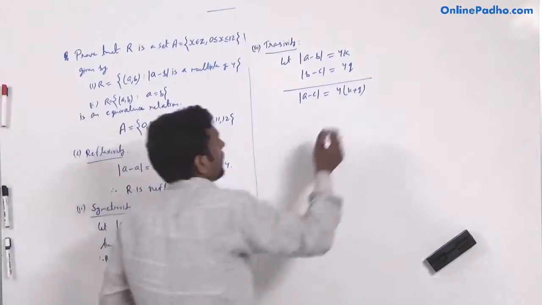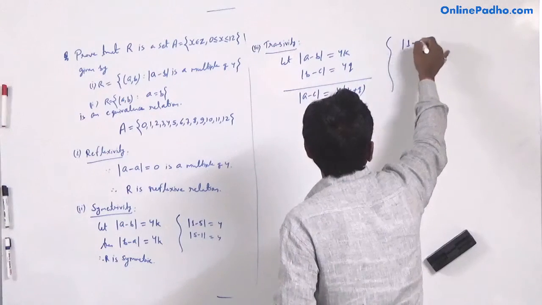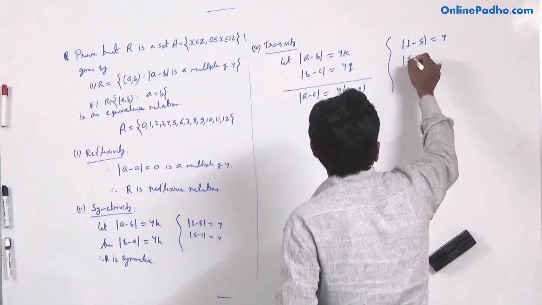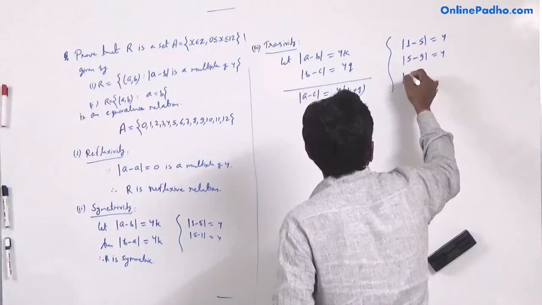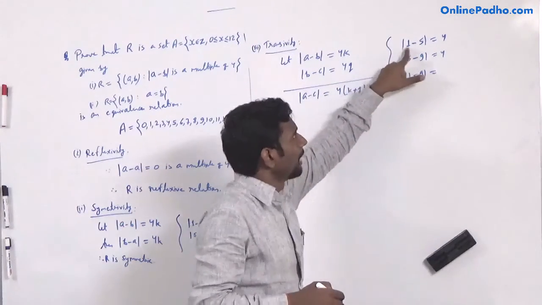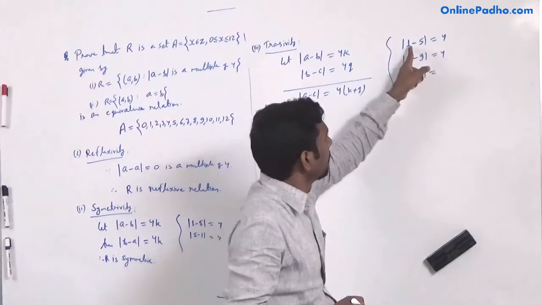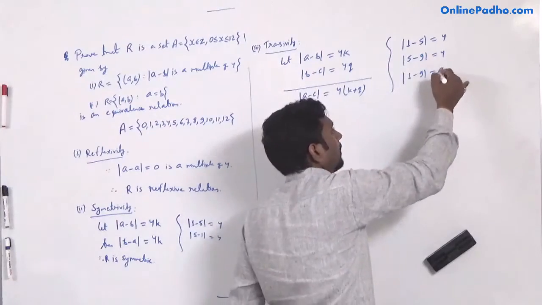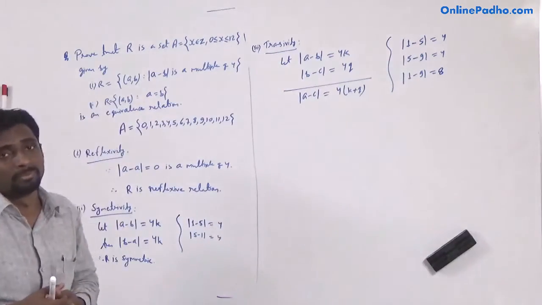For example, if you consider |1 − 5| is a multiple of 4, |5 − 9| is a multiple of 4, then what do we mean about 1 − 9? We have to prove 1 − 9 is also a multiple of 4. Yes, this is 8 only. In the modulus function, this is also a multiple of 4.